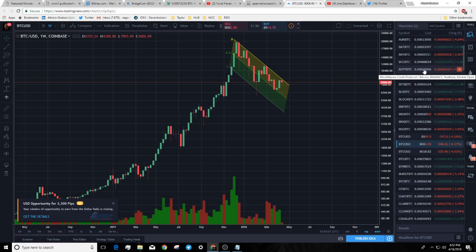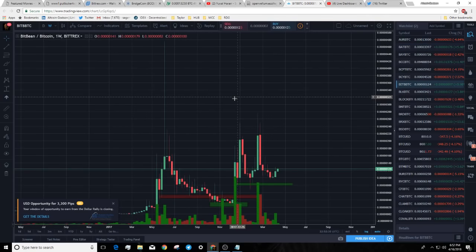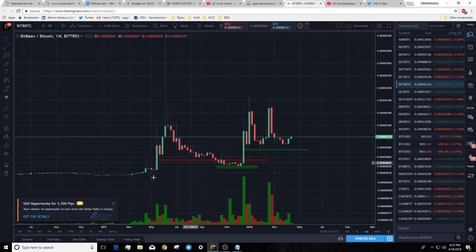I'm looking for a random coin that I can use to show this, but they all have that basic 1, 2, 3 thing. Again, with a bit being here, you can see the first pump, the second pump, and then the last one, and that was it, right?